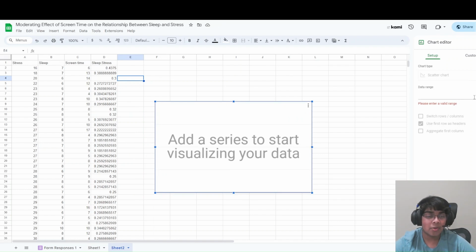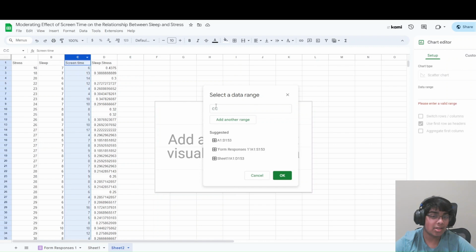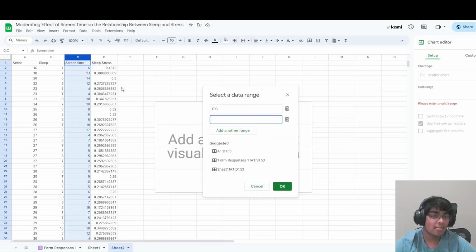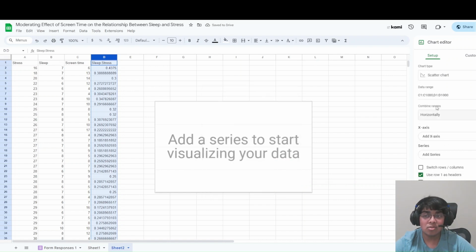So what we're going to do is enter in the data ranges that we'll be looking at. There are 2 data ranges that we'll be using, which are screen time and sleep stress ratio. We can click on column C, add, and click on column D, and as you can see, they're filled in. Now we have the 2 data ranges.